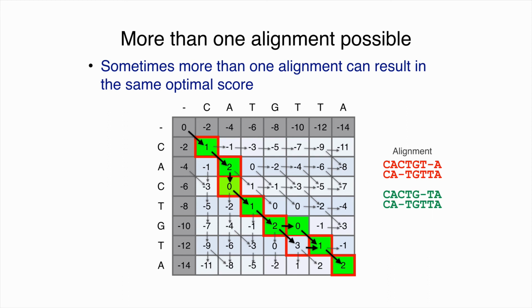There are different paths that we can trace through this matrix, like this one in green compared to this one in red. This yields a different alignment because it's a different path through the matrix. It's a different character correspondence of these two sequences, but they yield exactly the same optimal alignment score. These two alignments, like the red and the green one shown here, are indistinguishable for us. They both yield the same score.